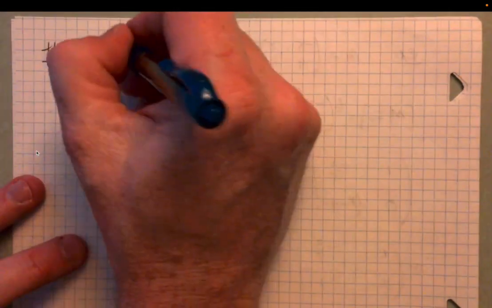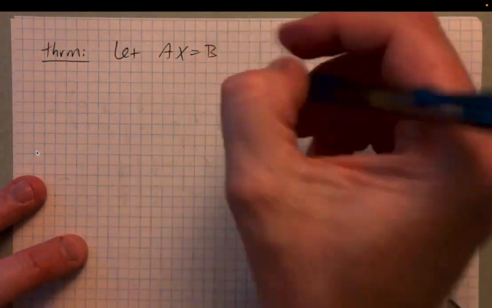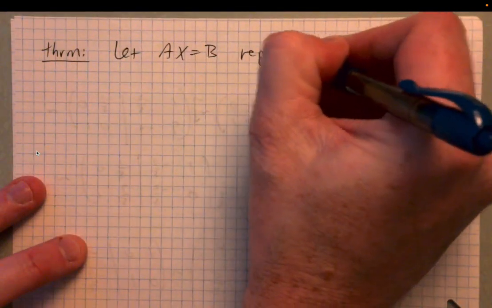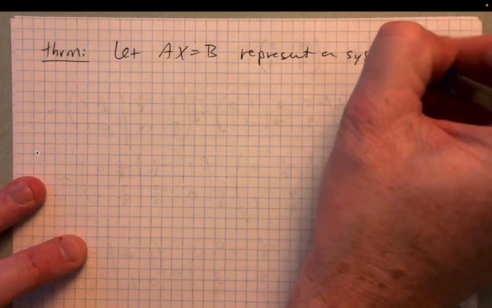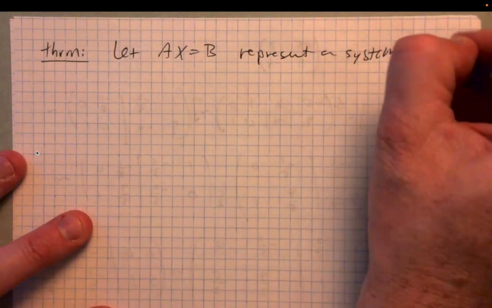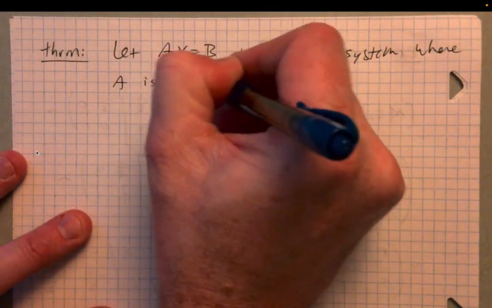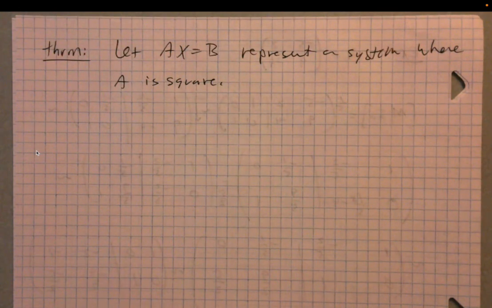Okay, let AX equal B represent a system, and let it be a system where the coefficient matrix A is square. So what does that mean? Well, it means that the number of equations is equal to the number of variables.